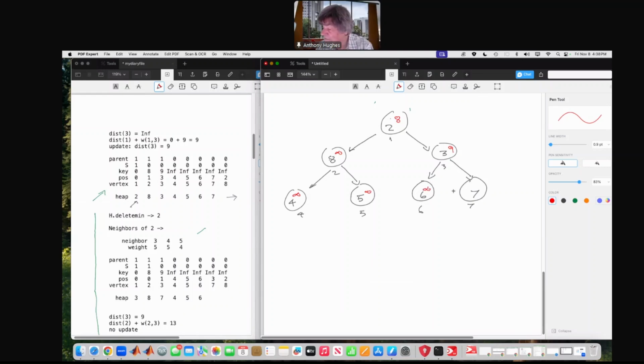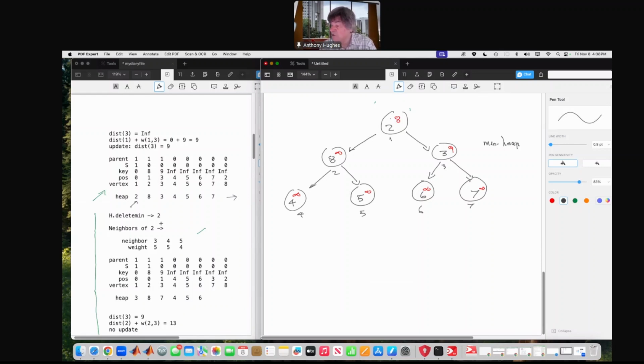Everybody's infinity. So yes, this is okay. Everybody agree? This is a min heap. And you saw how I read the data off. I read off the heap, looked at the vertices from the heap, and was able to read the keys. So we got that picture.